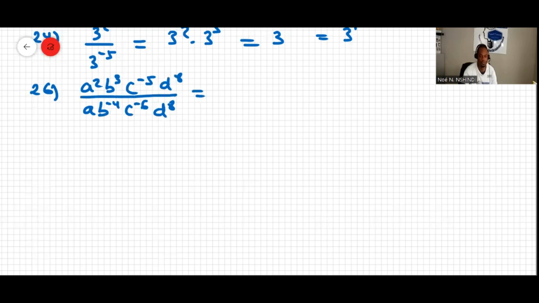This will be equal to what? In a situation like this, just write a single variable.